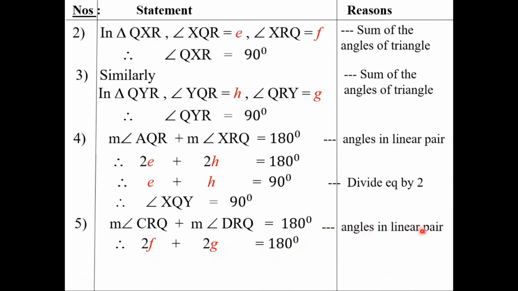Reason: angles in linear pair. Dividing the entire equation by 2, we get F plus G is equal to 90 degree, and F plus G is nothing but your angle XRY. Therefore, you will get angle XRY as 90 degree.